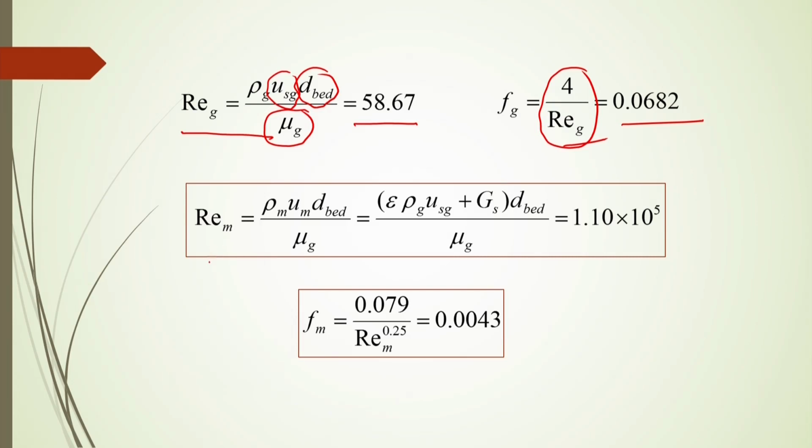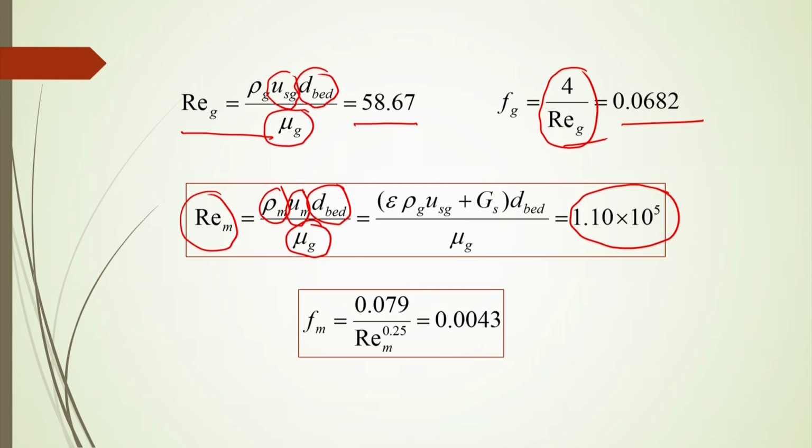Again here this REM, as per the mixer model, is to be calculated as rho m into um into d bed, that is the diameter of the bed, divided by the viscosity of gas. So, once you substitute these values, you will get the Reynolds number equal to 1.10 into 10 to the power 5.